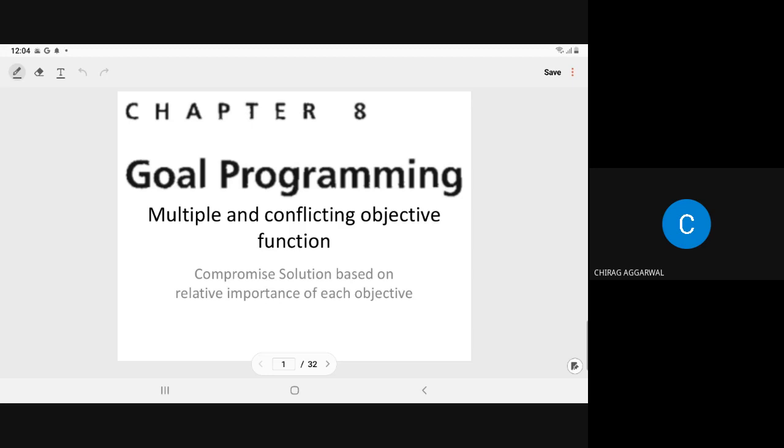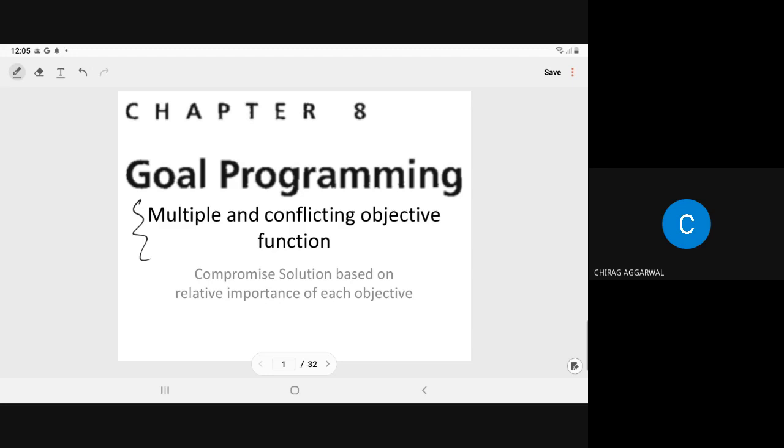So for that purpose, when we have more than one conflicting objective function, instead of determining the optimal solution, we prefer to compute the compromise solution. Compromise solution means we are least away from all the objective functions.